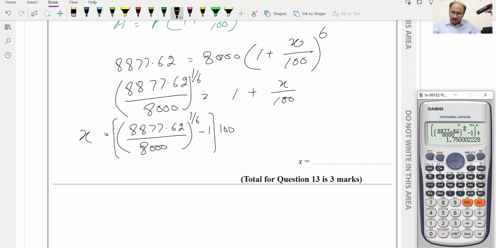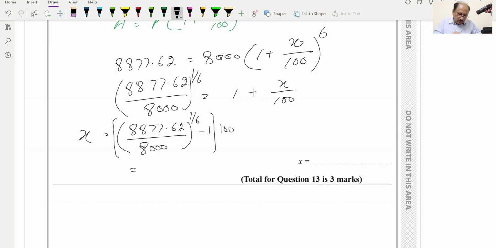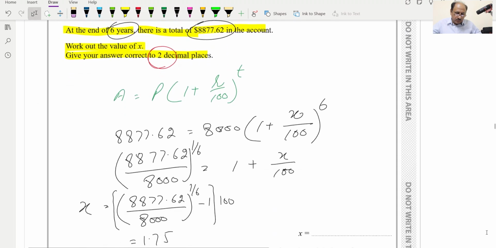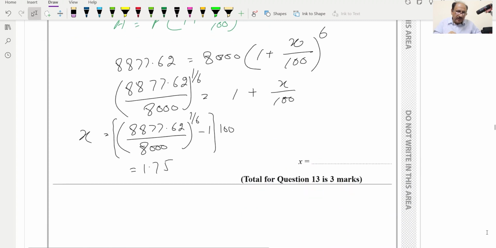So it will be 1.75, so this is equal to 1.75, and the answer they are saying up to 2 decimal places, so 1.75, this one will be the x value, which is done.